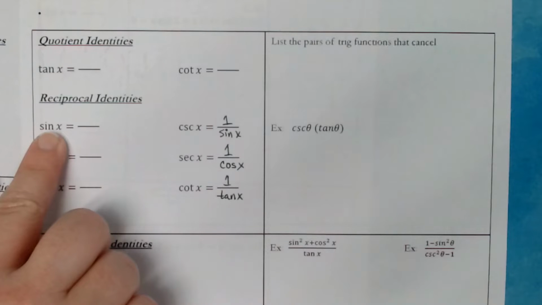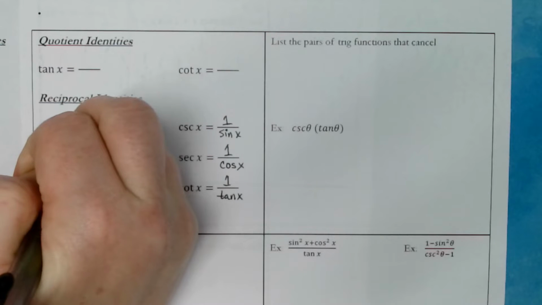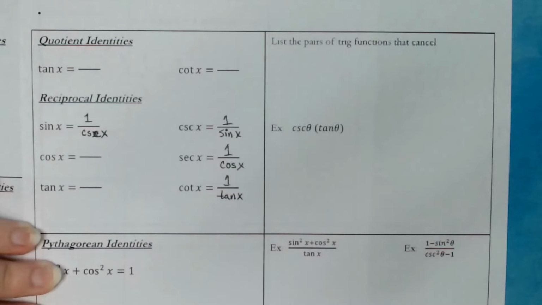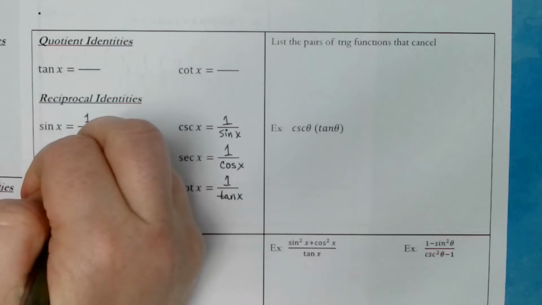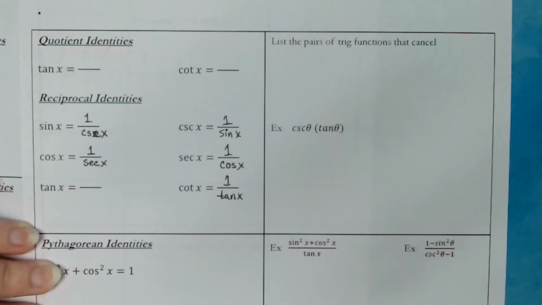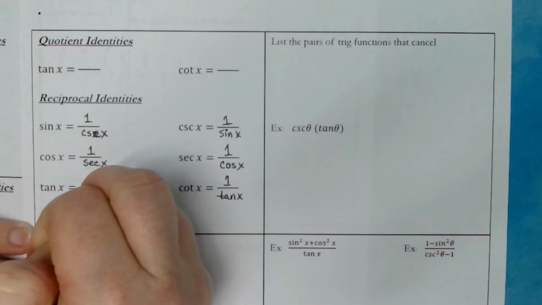But how do we get sine? Well, we can go backwards. So we could say that sine is 1 over cosecant. We say cosine then would be 1 over secant. And tangent would be 1 over cotangent.